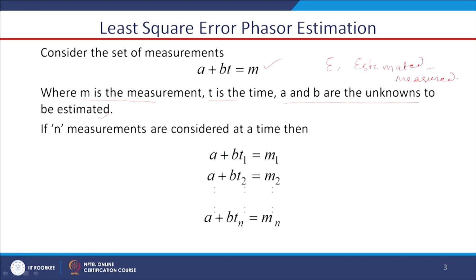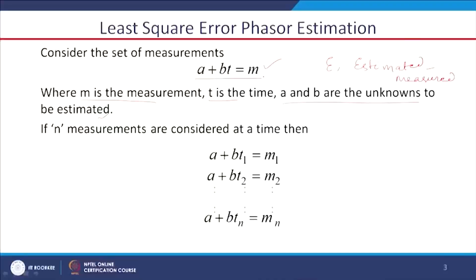Because in a power system or smart grid environment, we are estimating some parameters or quantities or signals, and also we have measured signals. The difference between these two should be minimum. So, whatever signal we are measuring should match our estimated signal. That difference is known as error.